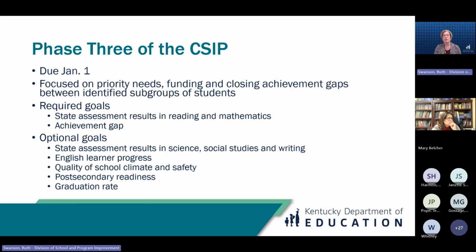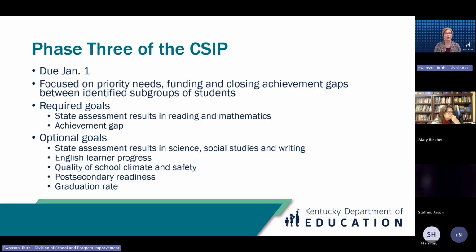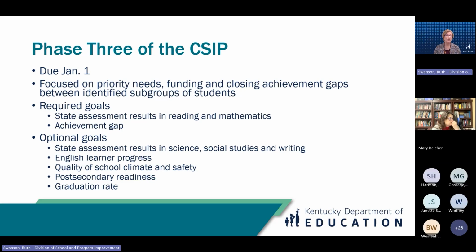There could be, though, other schools, let's say maybe a high school, who is having trouble getting students post-secondary ready. And so that may be an area that they need to include an optional goal for post-secondary readiness. Or maybe there's an elementary school and their EL students are not progressing in their language acquisition like they need to be.